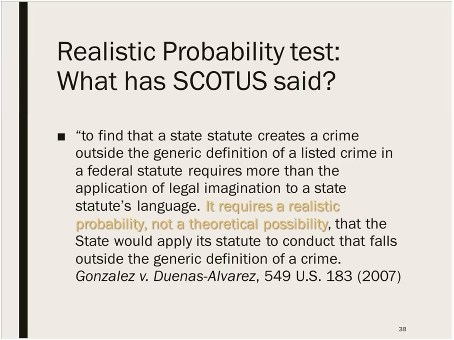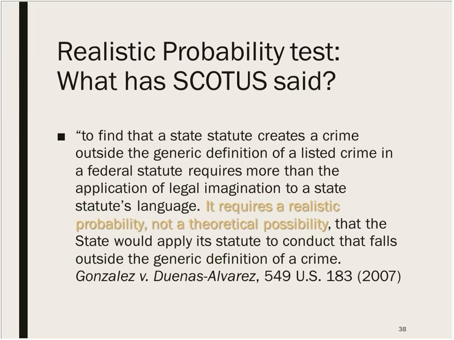Either way, we have our generic elements, and we're comparing them to our state statute, looking for our minimum conduct. Sometimes the mismatch is more evident on the face of the statute, and sometimes it requires a little bit more thinking.